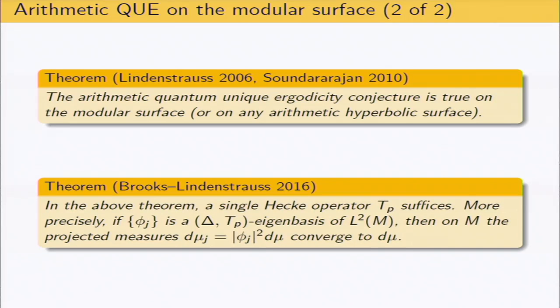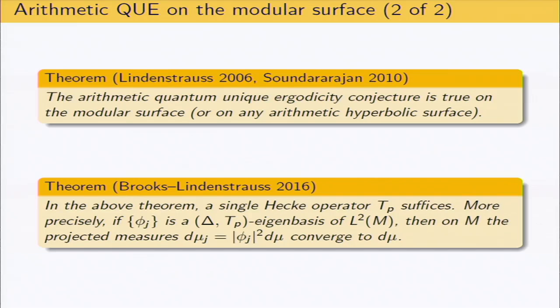And the very recent result that I learned actually while preparing for this talk is that a single Hecke operator suffices for this theorem. So you don't have to assume that the phi_j's are eigenfunctions for all the Hecke operators.